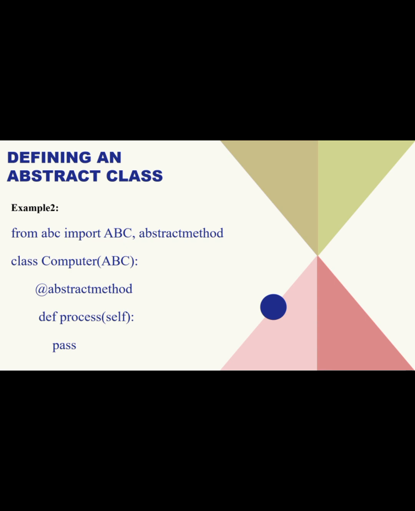So we cannot create an object for the class named computer in this example, but we can successfully create an object for the class named computer in the earlier example, because it is a normal class having a method with no definition, but here this is an abstract class.